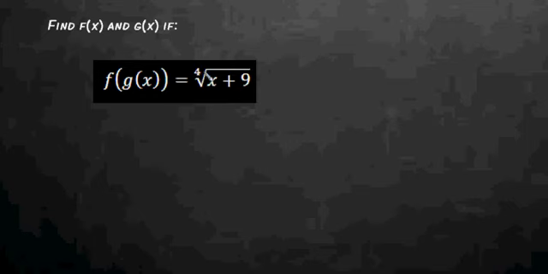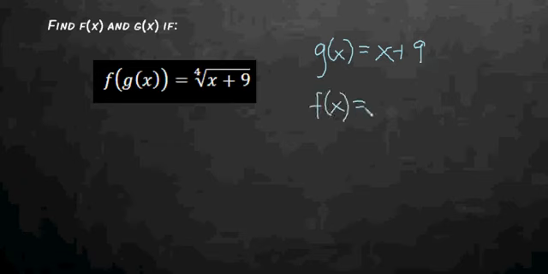If I look at this right now, I see that I have this x plus 9 kind of inside of that fourth root power. So the inside function is the g of x function. So I'm right now just going to define g of x as x plus 9. If g of x is then x plus 9, what would f of x have to be? Well, it's nested inside of this fourth root.